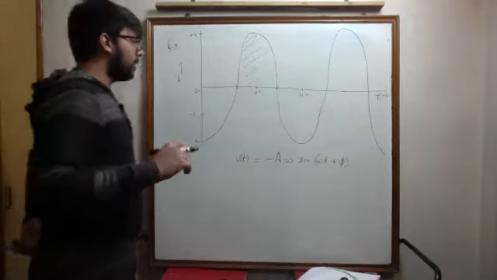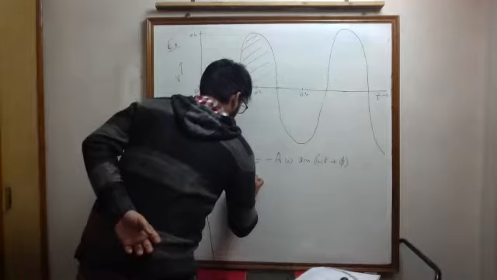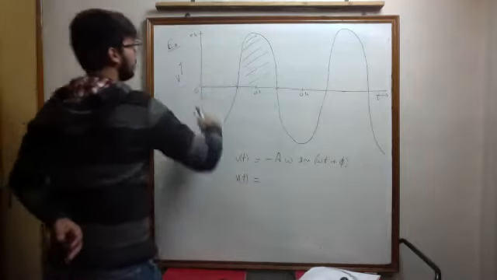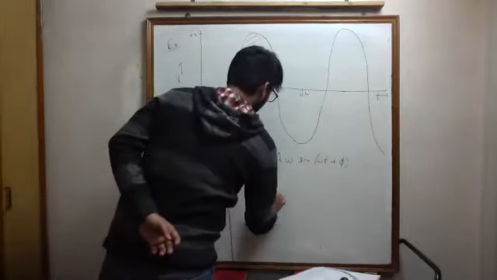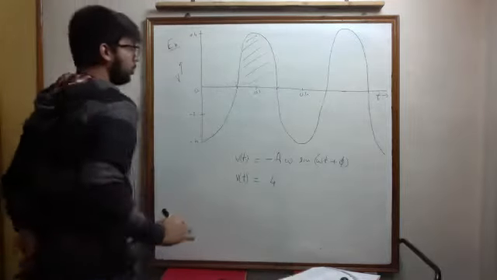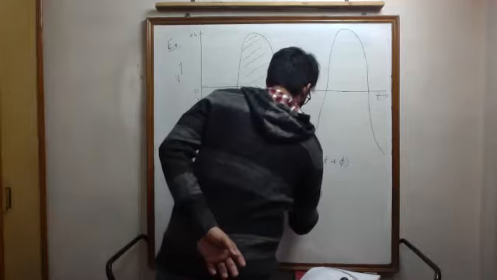Now the last time we did a lot of mistakes, but this time hopefully we will not. Let's first look at the amplitude here, which is 4, right? 4 is the amplitude. I'll use sine.